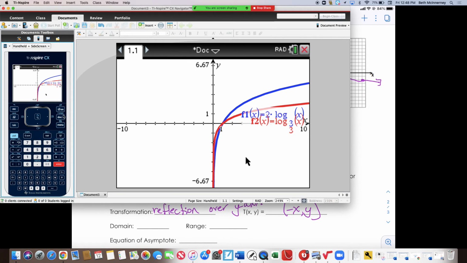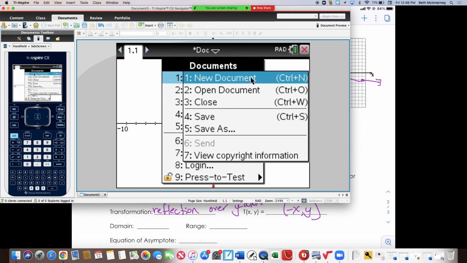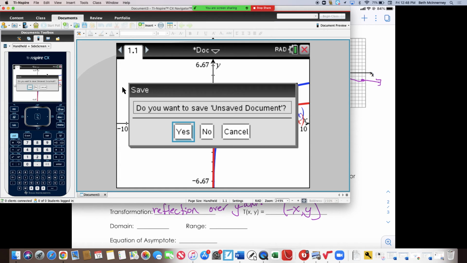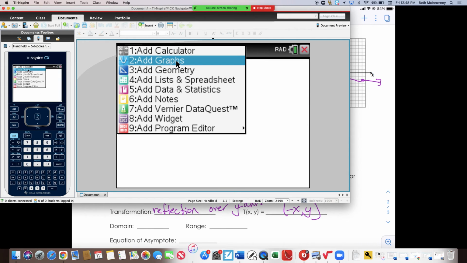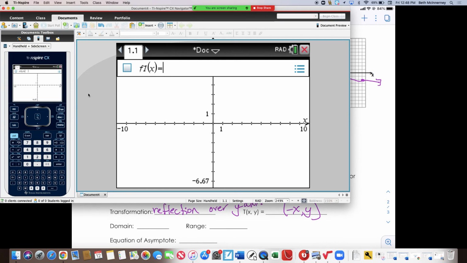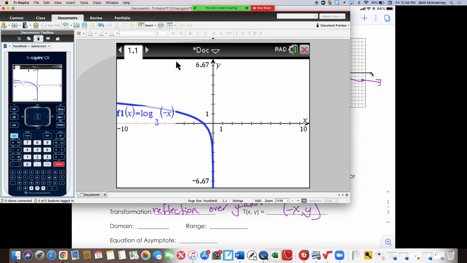But if I pull up a new graph, this was log base 3, but I want negative x. Super cool, okay? Can you see this? It normally goes like this, you can look at the board with me. It normally came up like this, and now I reflected it over the y-axis.